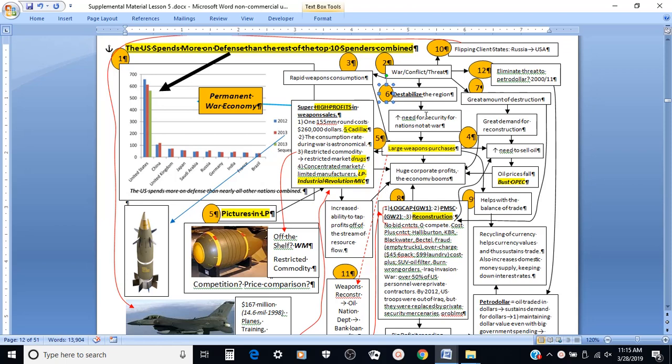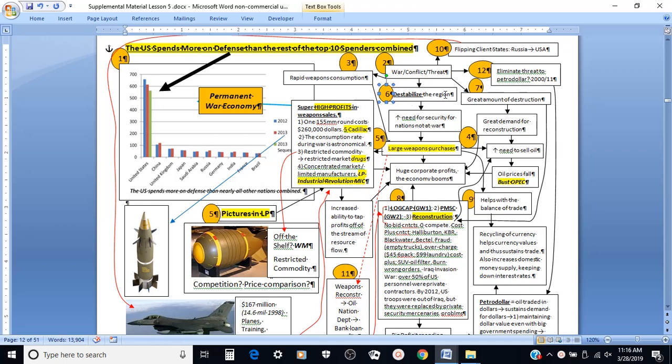This could create a greater sense of need for security, so even though nations are not directly involved in the war, they may feel a need to increase their military resources, purchase weapons, aircraft, tanks, whatever. So you can have large weapons purchases as well, right? And they have to sell oil.